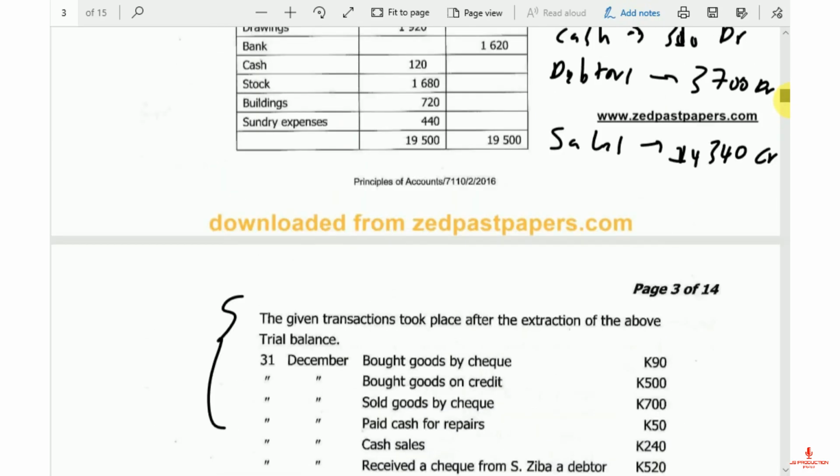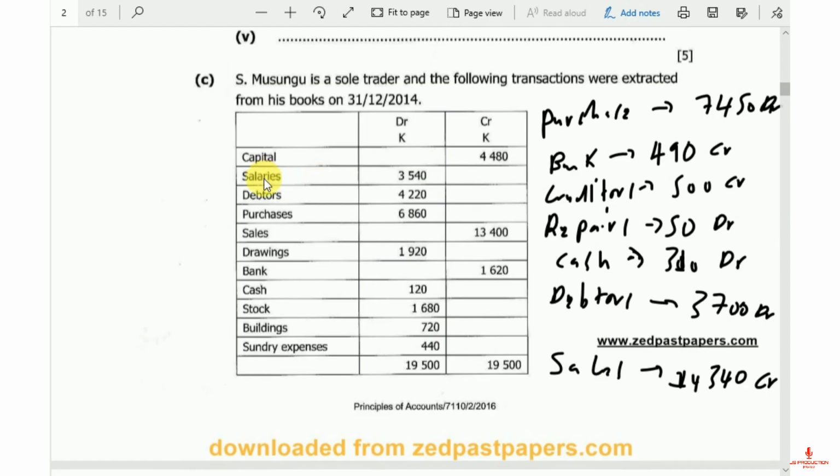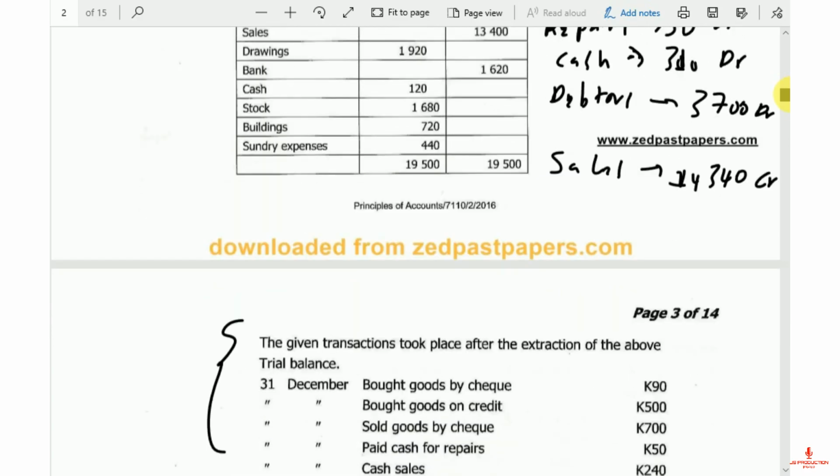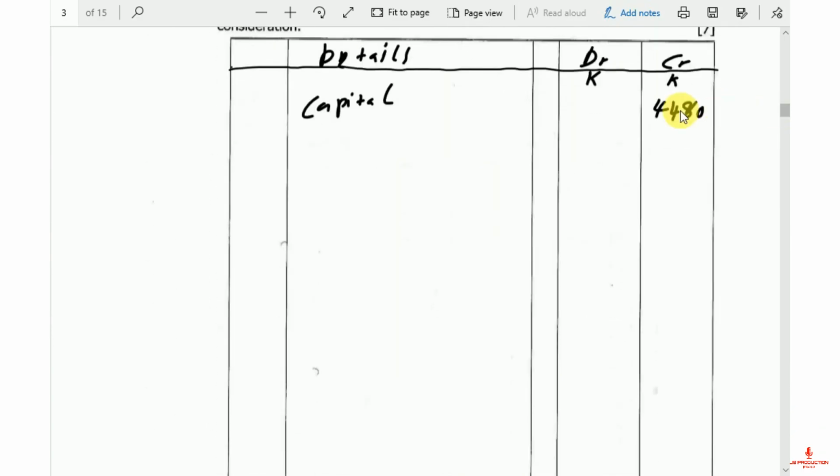Then we're going to go to salaries. Salaries there have been given as 3,540, and that was not affected. So it's going to be written the way it is. 3,540.